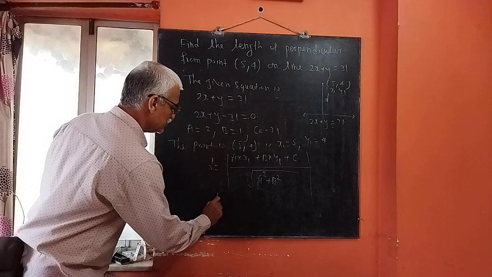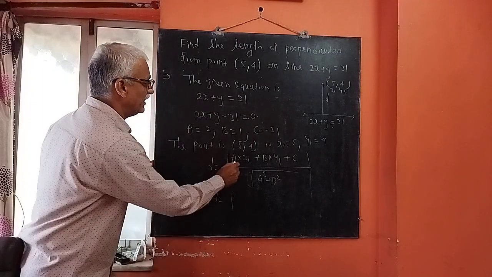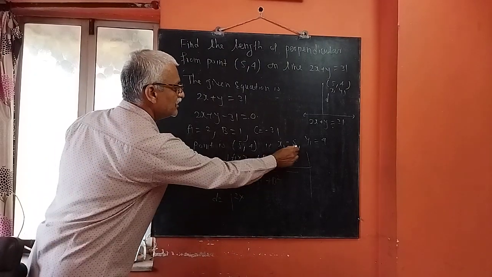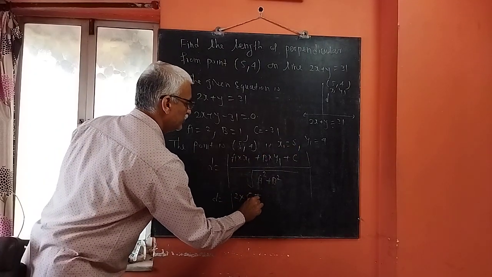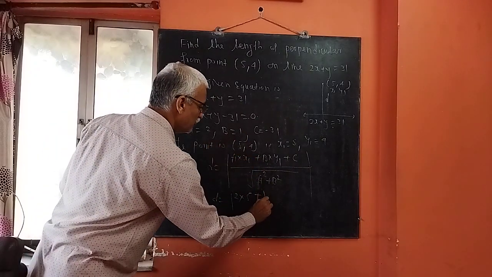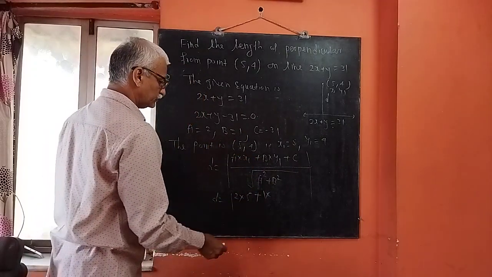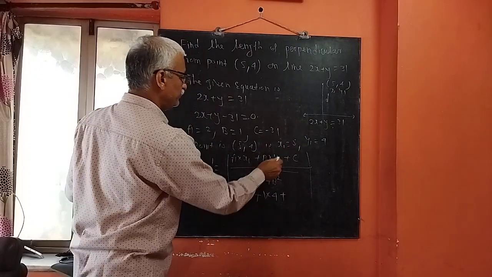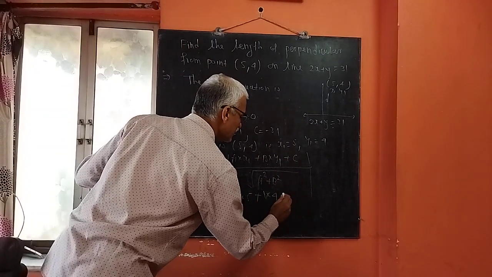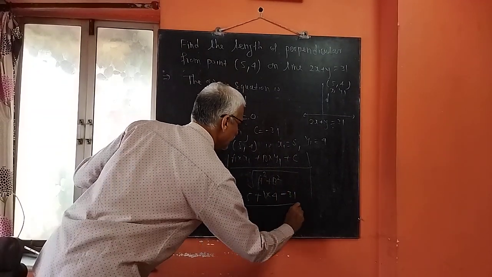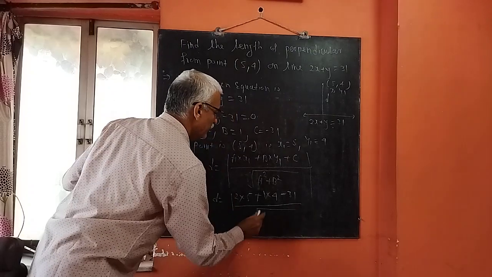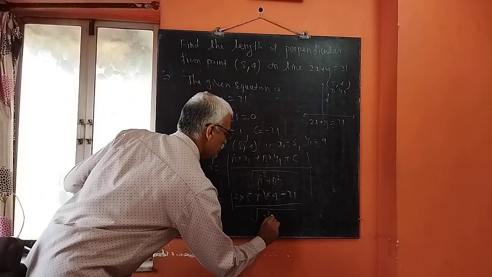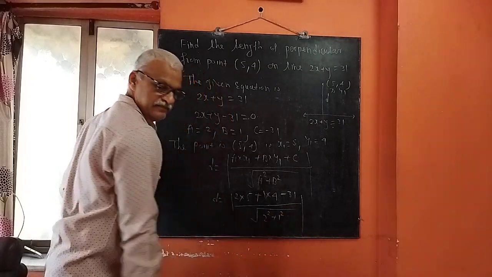Substituting the values, we will get d equals to mod of a. What is a? a is 2. 2 into x1, x1 that is 5, plus b, b is 1 into y1, y1 is 4, plus c, c is minus 31, divided by square root of a square plus b square, that is 2 square plus 1 square.